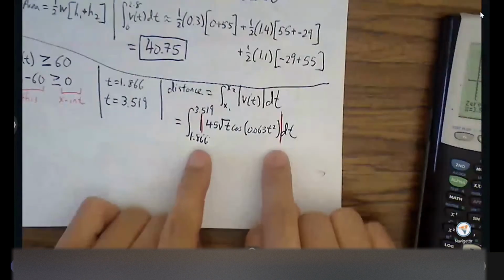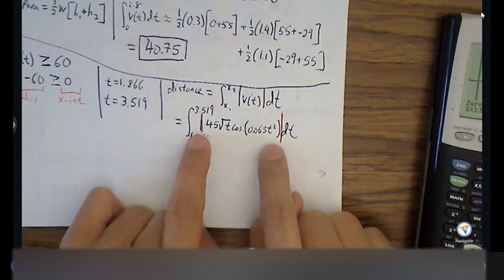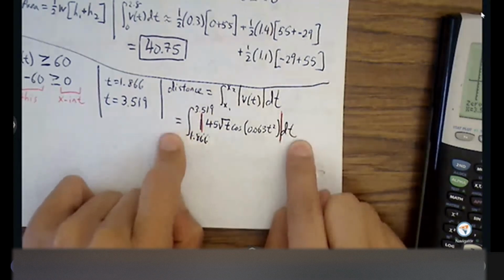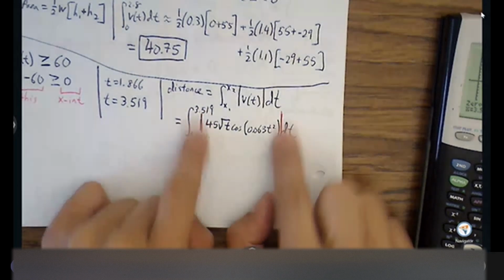Make sure that when you put your absolute value notation, you put it in the interval here, that you don't put it outside the integral notation. You put it just within the expression between the integral notation and dt.